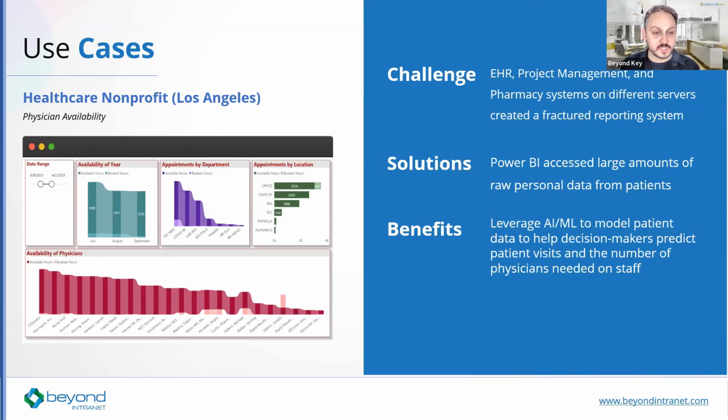So if you had a physician there for 8 hours, you want to make sure that they get 8 hours of patient visits if you can. So leveraging AI and machine learning helped us model this so we can make sure that the right physicians were available for the right patients at the right locations.